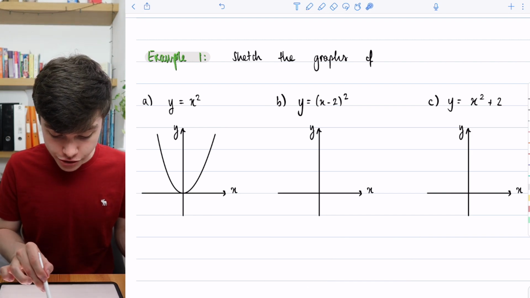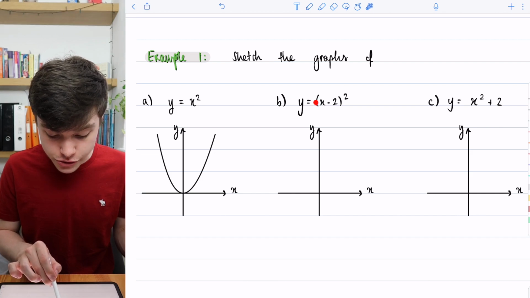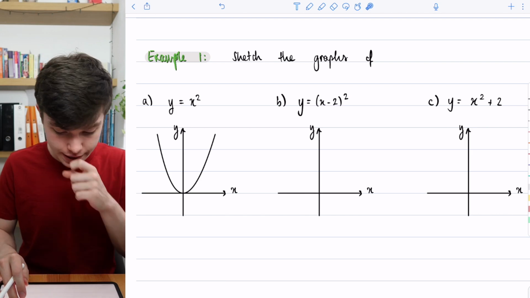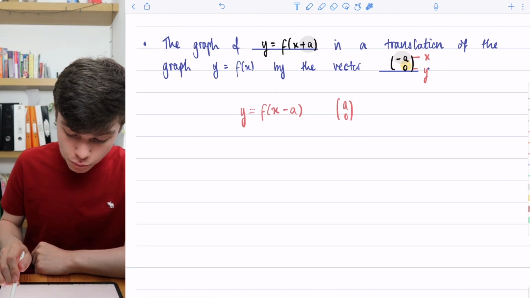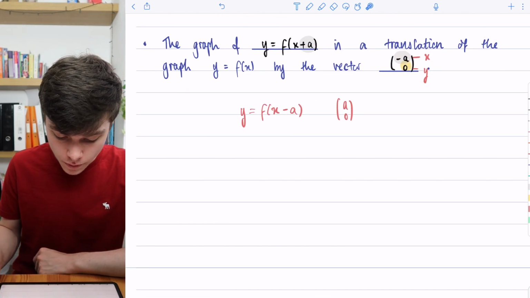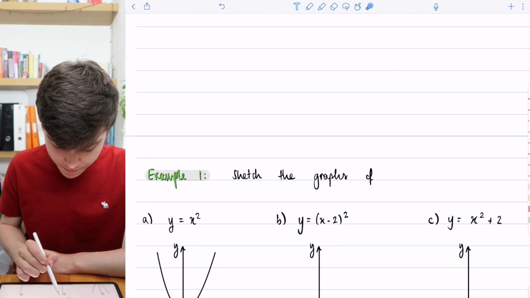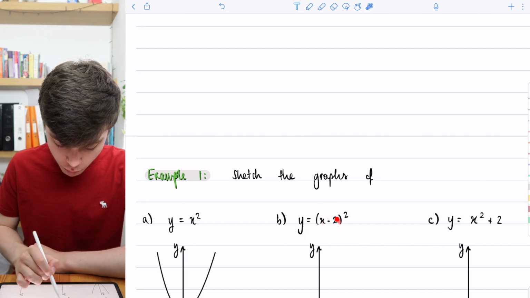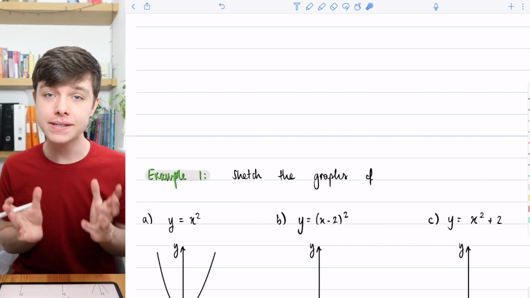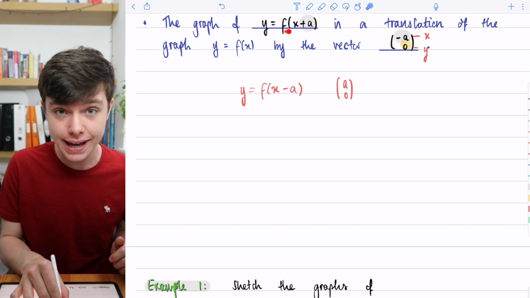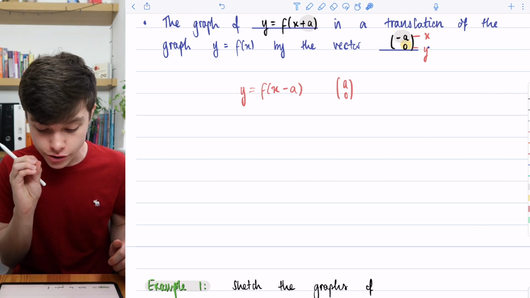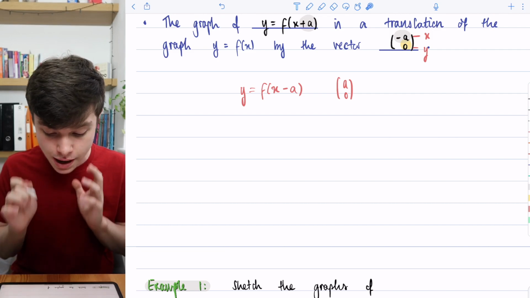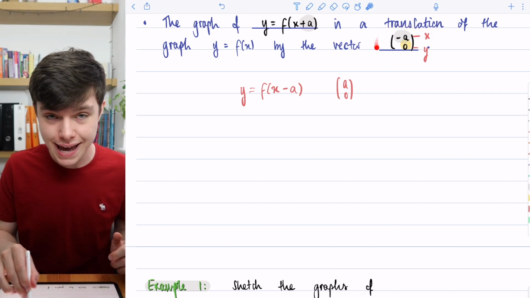Part B, what we want to do is sketch y is equal to x minus 2 all squared. So we can see here, we're going to be dealing with this second bullet point. We have got our minus 2, our a here, a is minus 2. We've got that with the x, it's inside the bracket, just like we had here. Okay, so that means what we're going to do is we're going to translate the graph of y equals f of x by the vector minus a, 0.